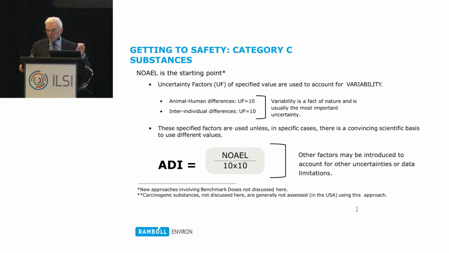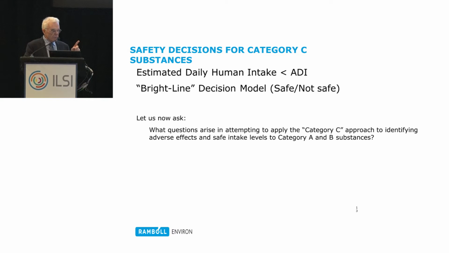I think we should, and there's work going on that says we should define ADIs as some level of acceptable quantifiable risk. And it's possible to do that whether you have a threshold or non-threshold effect. But that's not in the pantry right now. We use the ADI, and it has a long, good history of use. I'm not saying there's a problem with its use. I just think it can be improved. But that's our factor now, which we use to define safety.